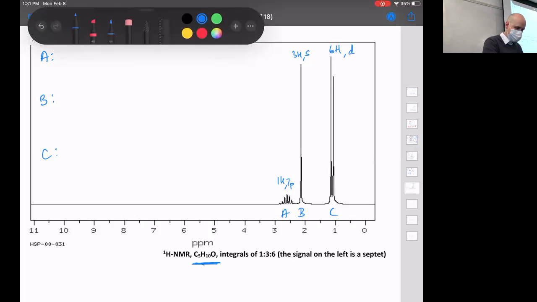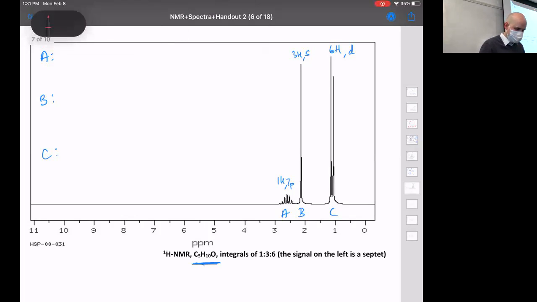So environment A, right here, is a 1H with a lot of splitting. I told you that a 1H singlet is probably an OH or an NH, but a 1H with a bunch of splitting is a CH with neighbors. So this is a CH, environment A, and it has 7 peaks, so it's got to be next to 6 different hydrogens on neighboring carbons. There's a lot of ways to do that.